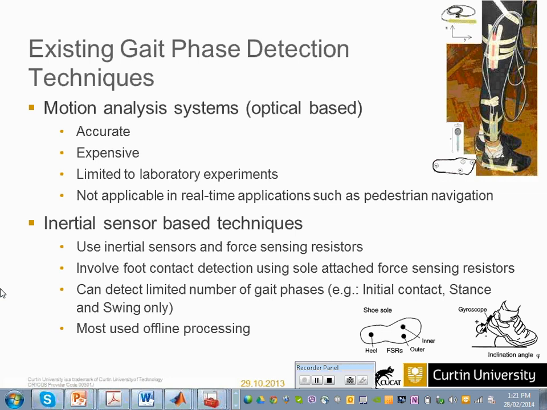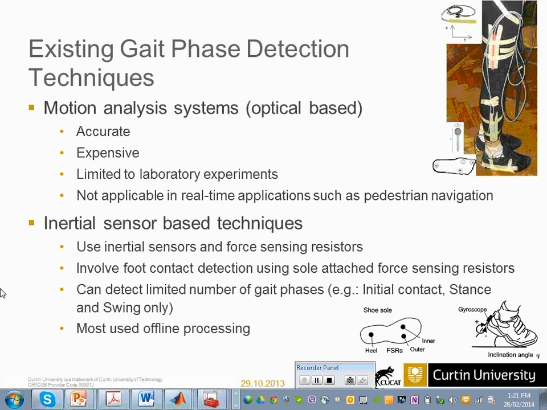And in most existing work I found, they have done offline processing to recognize the particular phases, and the number of phases that they have detected was limited to initial contact point, stance, and swing. They could detect whether it is on swing because none of these sensors would read pressure.